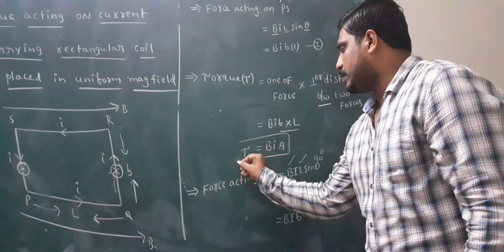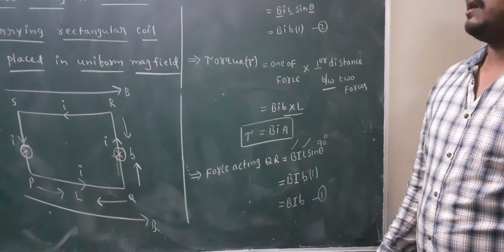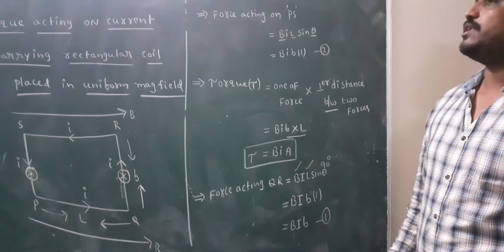Simply, what is the formula for torque acting on the rectangular coil placed in a uniform magnetic field?